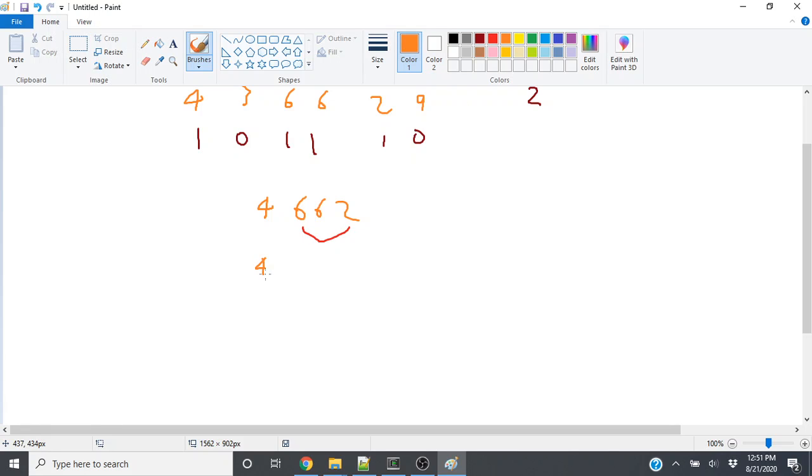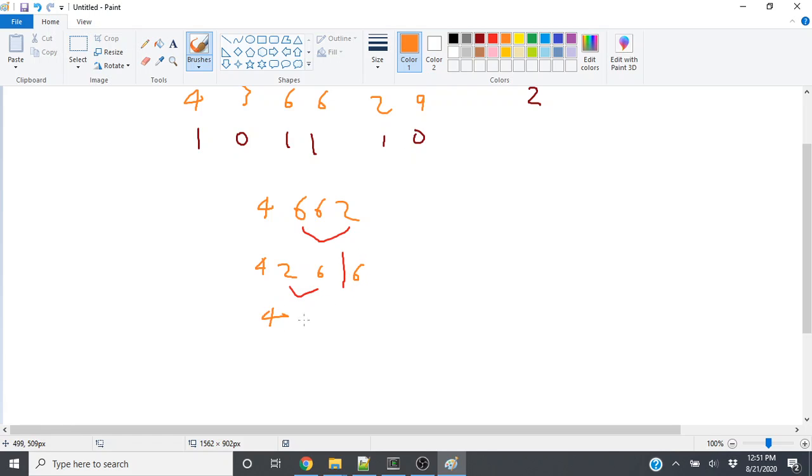Then we'll have 4, 2, 6, 6. Now we know that the biggest element is at the end, so we've sorted this part of the array. Now we move 2 into this position. Even though the maximum element is already here, it doesn't matter. This is a universal algorithm. So we're going to ignore this part since it's already sorted.